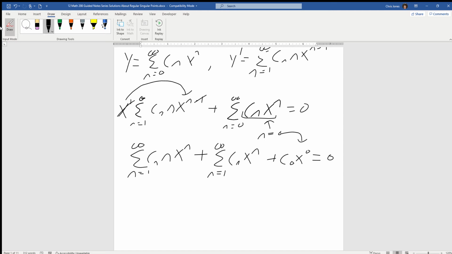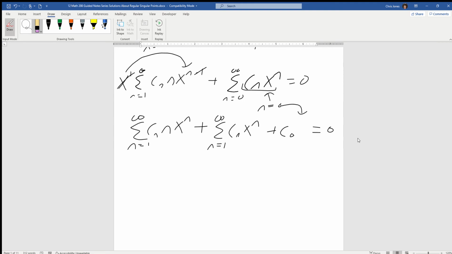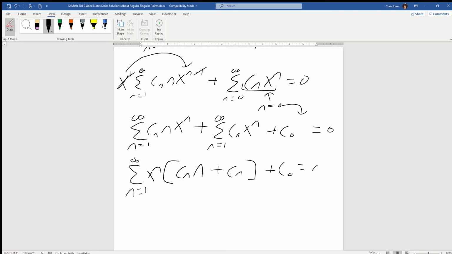Or in other words, c naught x to the 0 is just c naught, since x to the 0 is 1. Now we can factor the series, and we can factor the x to the n, and so when we factor that out, n equals 1 to infinity, x to the n, we will be left with c sub n times n plus c sub n, plus c naught, equals 0.